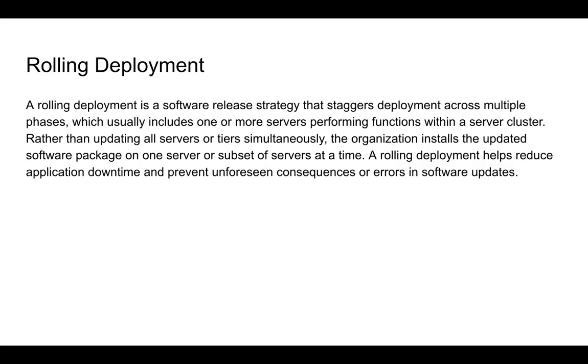Rather than updating all servers or tiers simultaneously, the organization installs the updated software package on one server or a subset of servers at a time. The rolling deployment helps reduce application downtime and prevent unforeseen consequences or errors in the software updates.